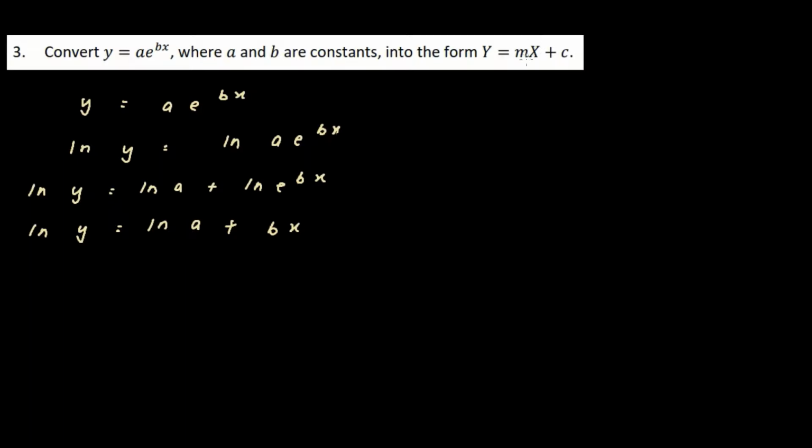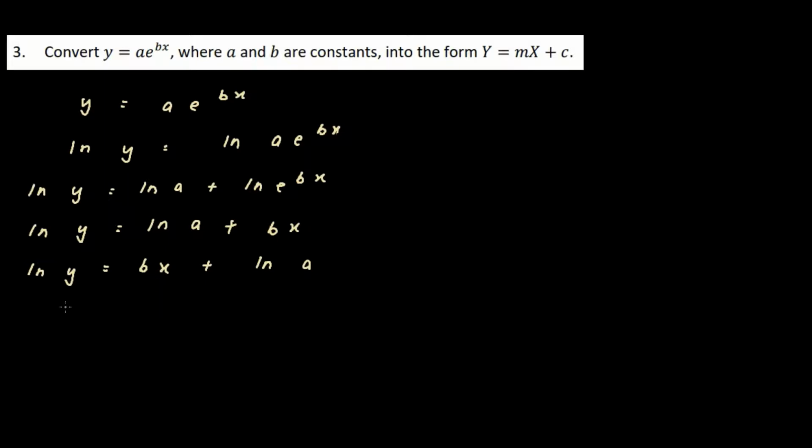Your x should be a variable, which is your x here. So we need to rearrange the equation into the form bx plus natural log of a. Now for bx, b is a constant which can fit into the gradient part, and your x is a variable which can fit into the x part.